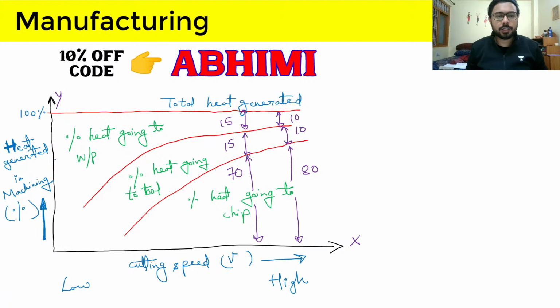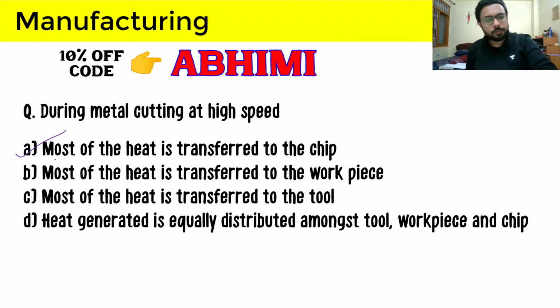And if by chance it gets softer than the workpiece, then there will be reverse cutting and the tool will get worn. Therefore it is better that more heat is disposed with the chip and less heat is transferred to the workpiece and tool. So this question's answer will be A, most of the heat is transferred to the chip.